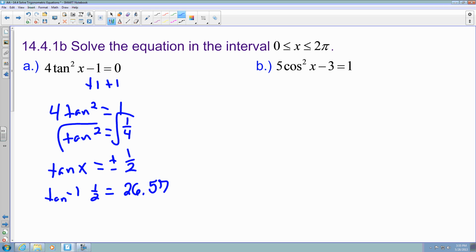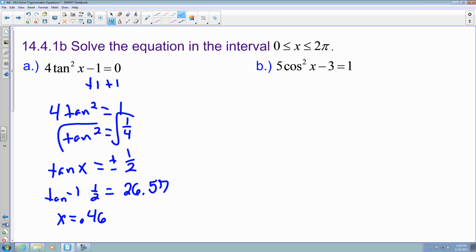And if I wanted to put that into radians, I multiply it by pi and then divide it by 180. So that means x equals 0.46 radians.